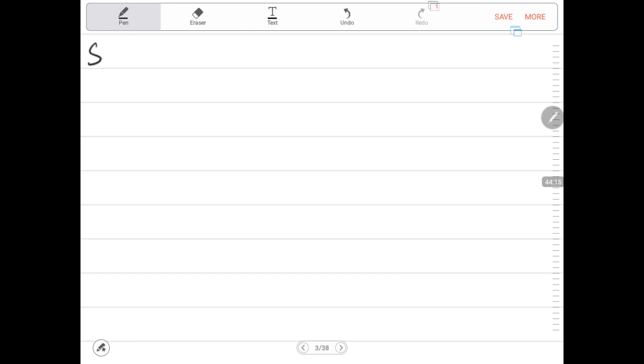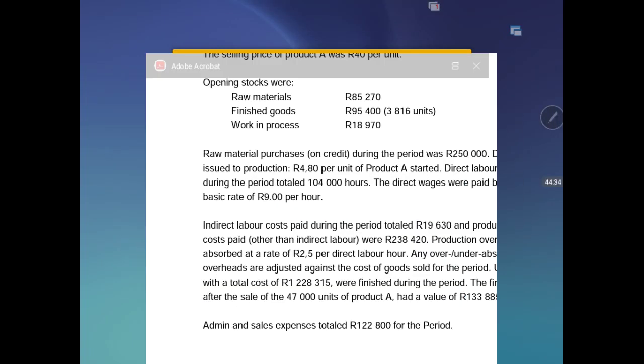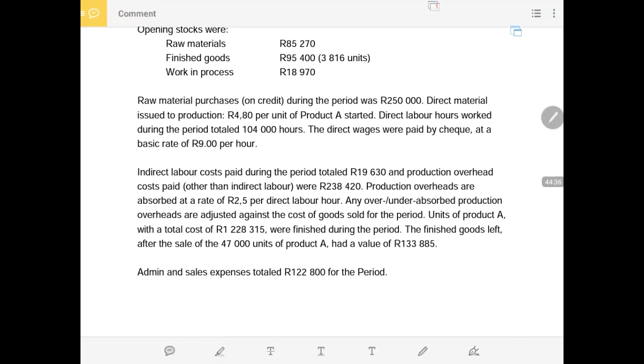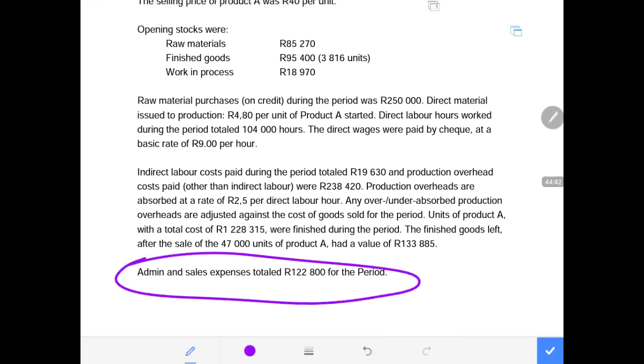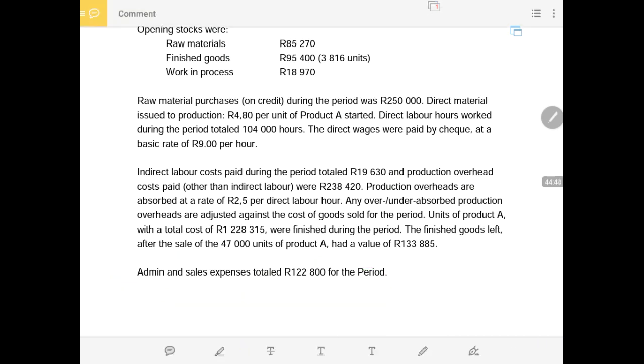Then in number 2, where we're calculating our gross profit, we just say our sales. We sold our product at 40 Rand, if I still remember, and there were 47,000 units sold. I'll just verify that in my mind. We will take this in the income statement that we're busy with now.